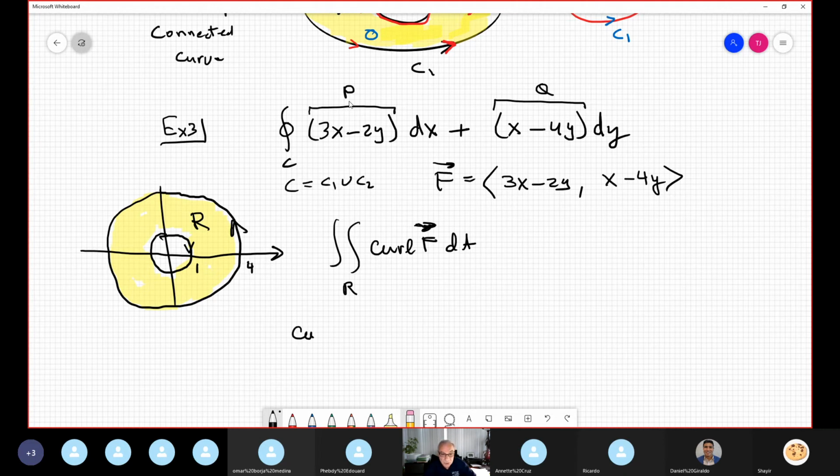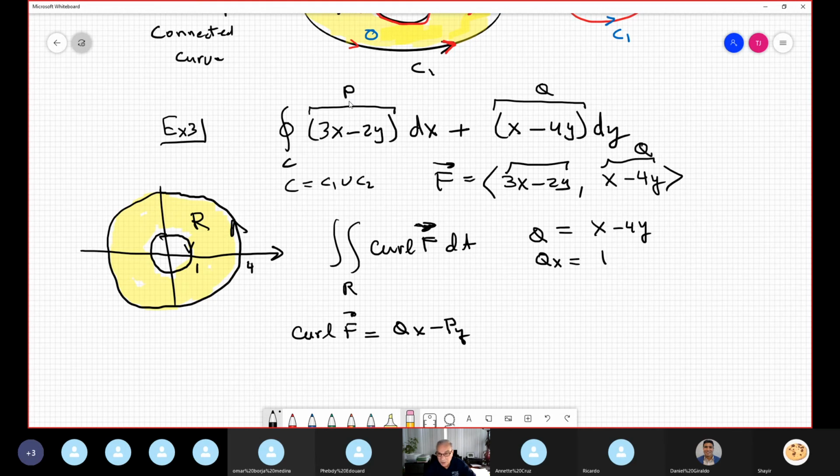The curl in 2D is easy, it is Qx minus Py. Let's do it. You find the derivative of this Q with respect to x. So Q is x minus 4y. Therefore, the partial derivative Qx is 1. Wow, the derivative of x with respect to x is 1, and the derivative of y with respect to x is 0.